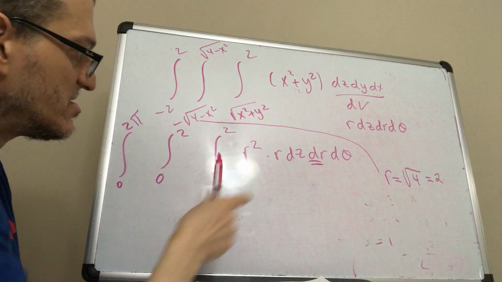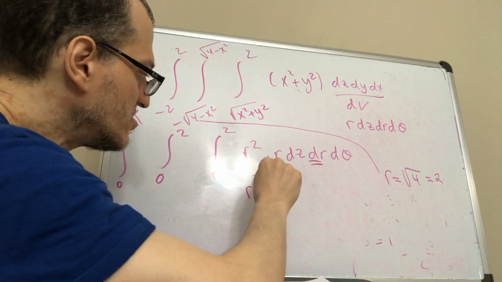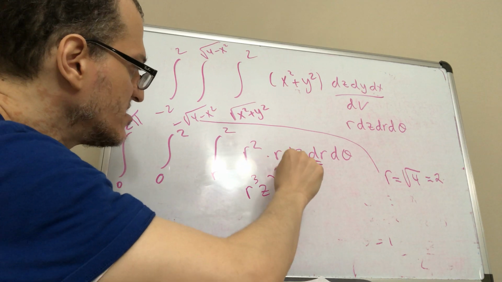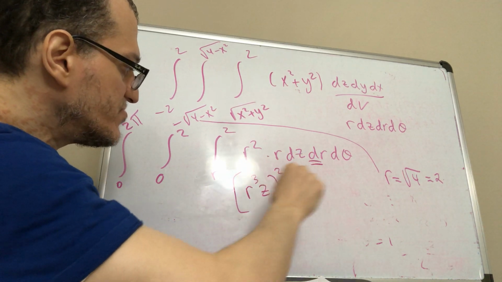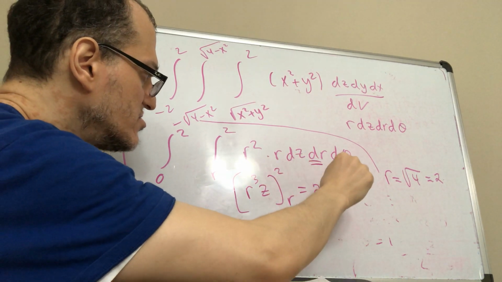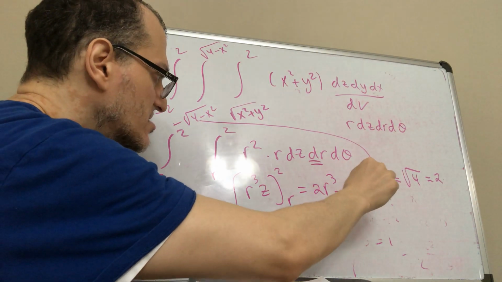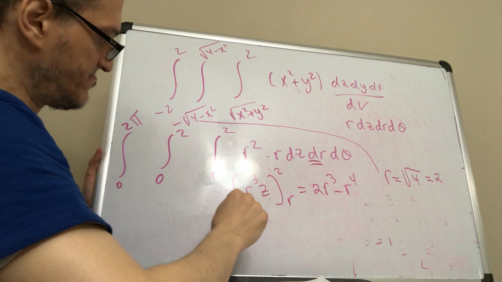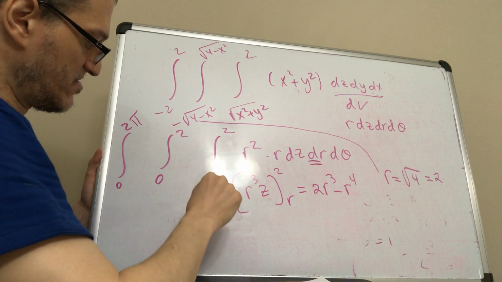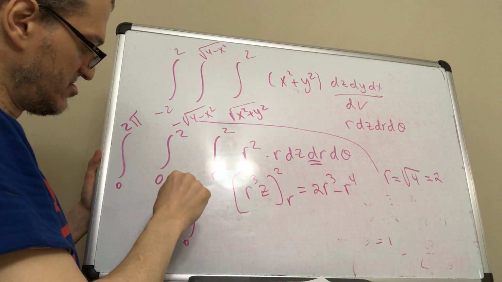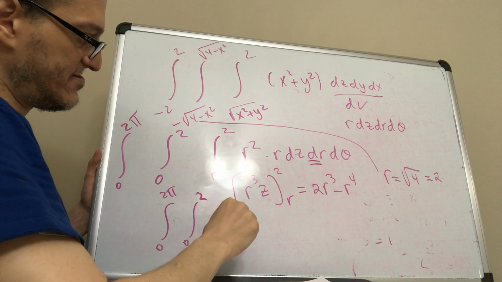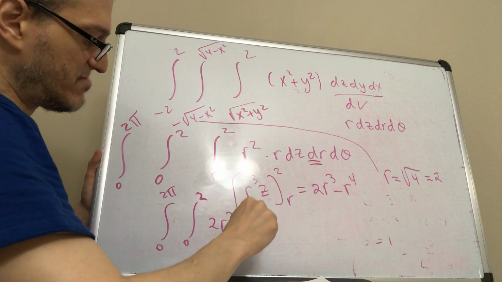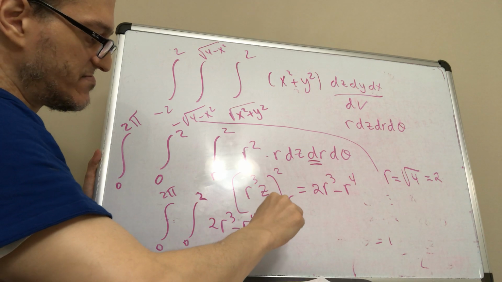So the integral, r cubed z, 2 and r, you put the 2, so that's 2r cubed minus r to the power 4. I'm integrating this, 0, 2, 2r cubed minus r4 dr d theta.